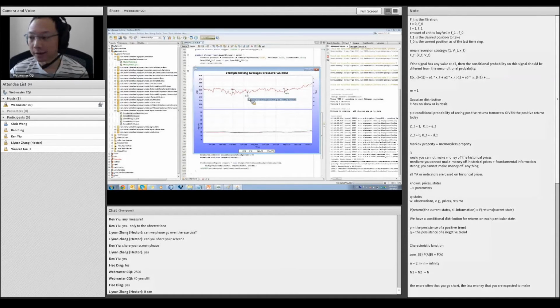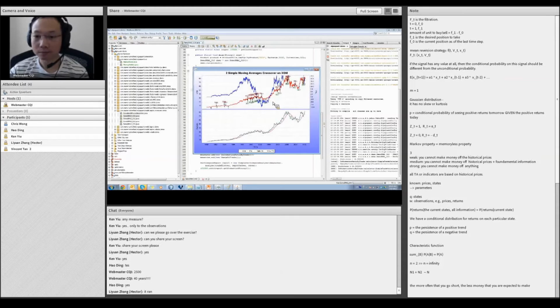The slower moving average is the nice smooth curve, and the faster moving average is more zigzag. You can zoom on it and see. This is a crossover, so it matches an order here. Here the faster moving average crosses the slower moving average above, so you buy. So here's how you read this picture.